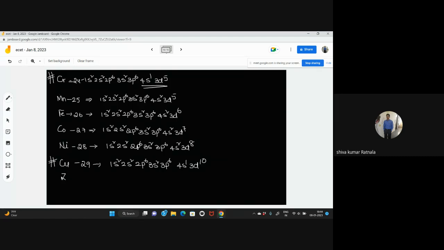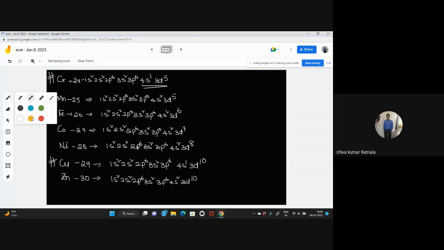And zinc atomic number 30. We'll write 1s2, 2s2, 2p6, 3s2, 3p6, 4s2, 3d10. Okay, so these are the electronic configurations up to 30 elements. Okay, so you need to remember.